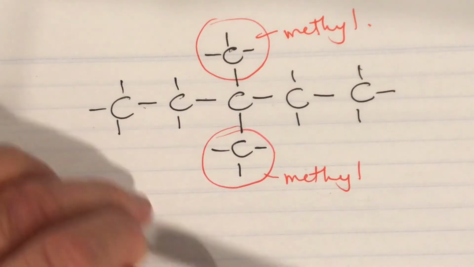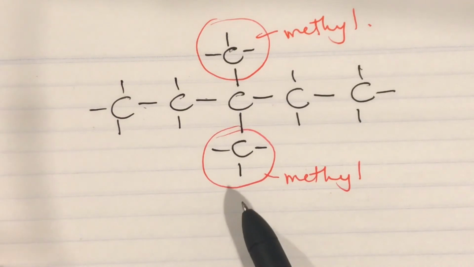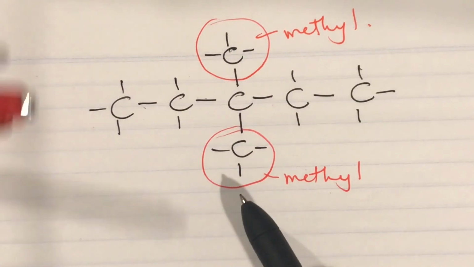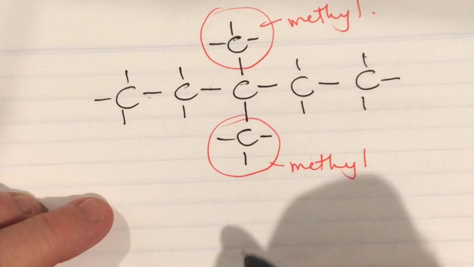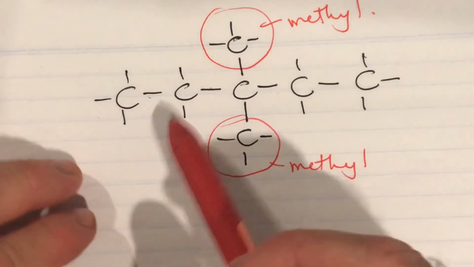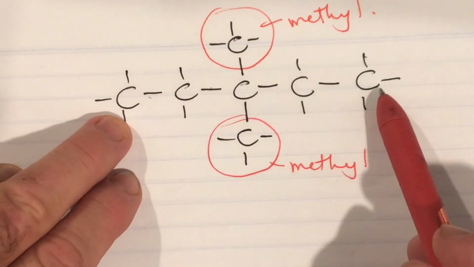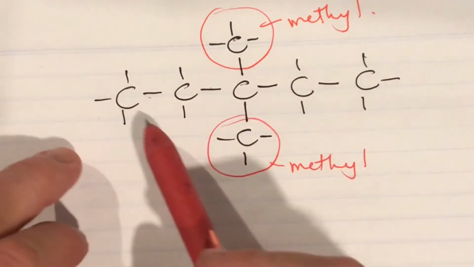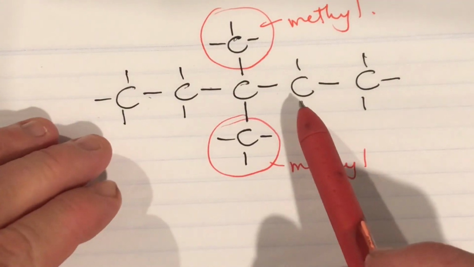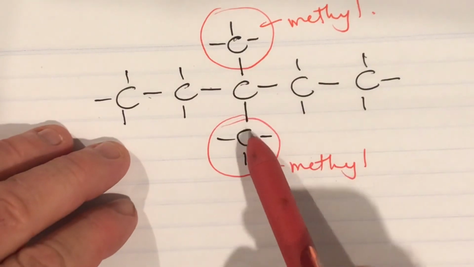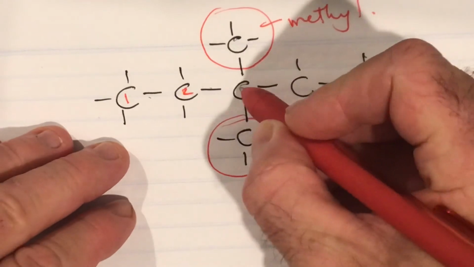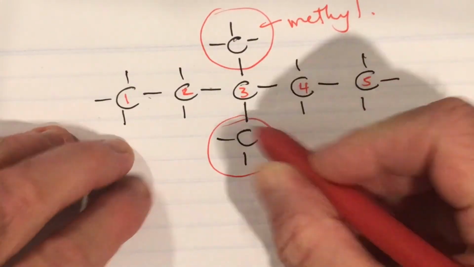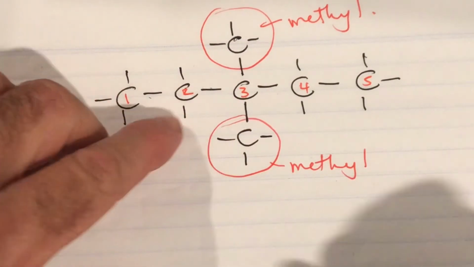So when this happens, what you add into the name is a thing called a multiplier. By the way, which way do we number? 1 to 5 from the left, or 1 to 5 from the right? Well, it doesn't matter actually, because the two methyl groups are attached to the third one anyway. So 1, 2, 3, 4, 5, that's the third carbon.